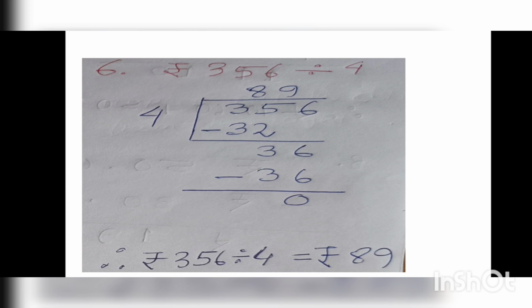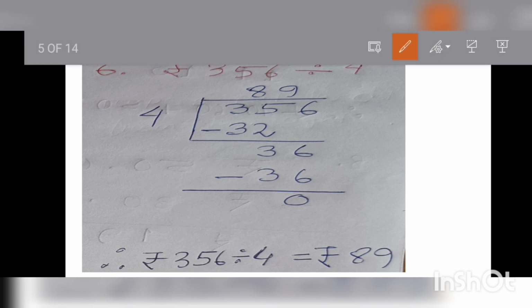Here you have to divide rupees 356 by 4. Okay, so 356, you have to divide this by 4. Okay, now this 3 is smaller than this 4, that's why you have to consider 35.